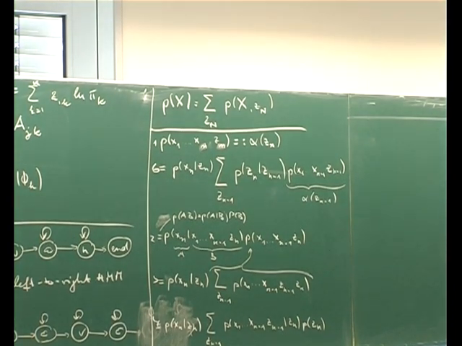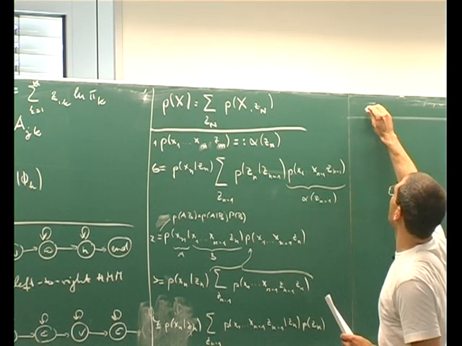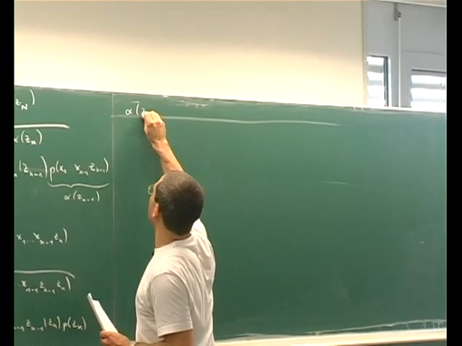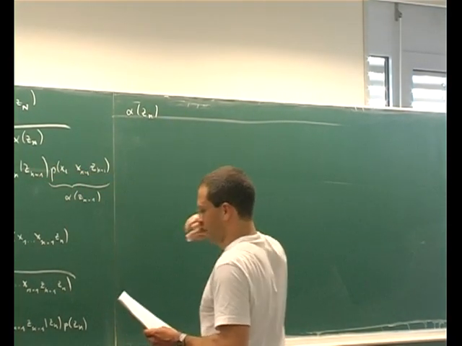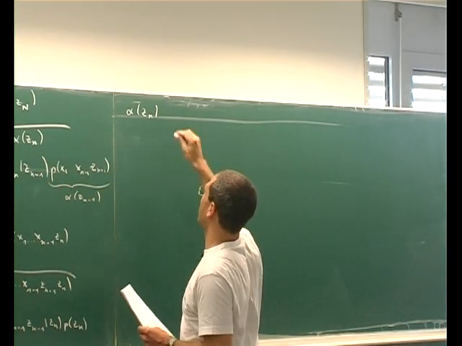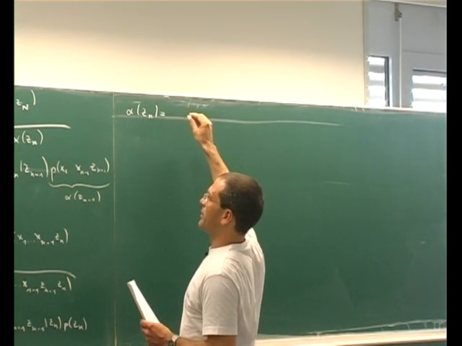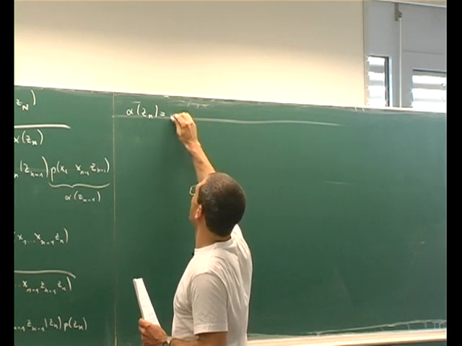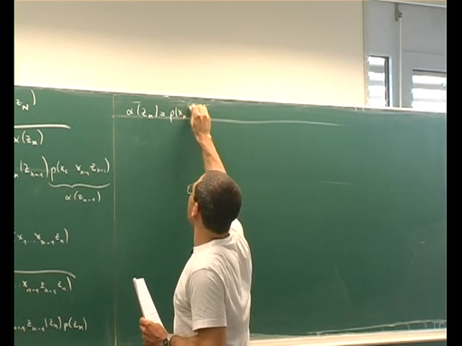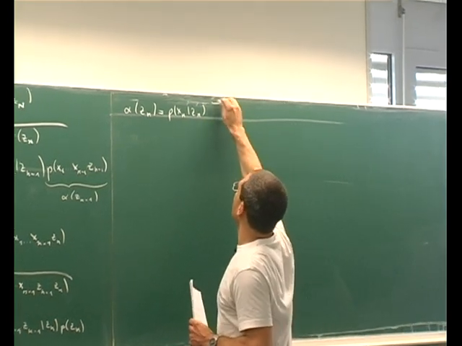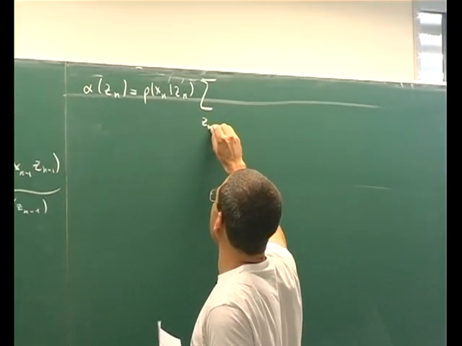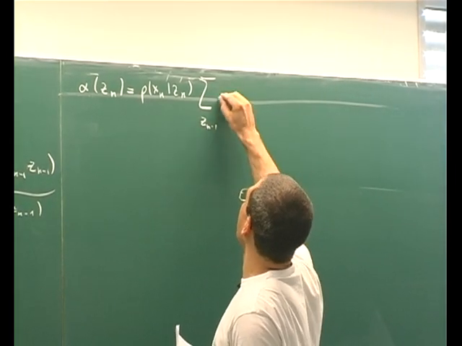Okay, so overall, because this is important, let me write this again. Overall, we have that alpha of Zn, which is an abbreviation for, as defined there, is the probability of xn given Zn times the sum over the hidden state at Zn minus 1.